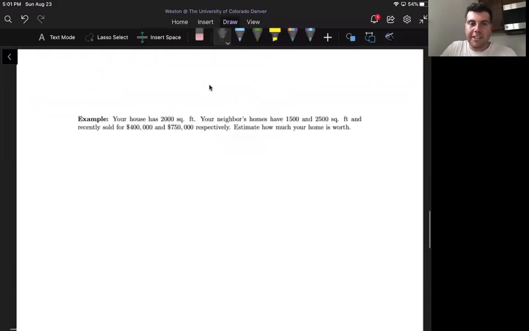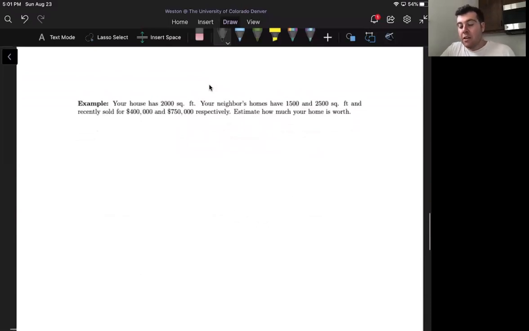Now we'll do an application of midpoints. So midpoints can be good for estimating. As an example, suppose you have a house that's 2,000 square feet, and you want to figure out how much your house is worth. Square footage, particularly in someone's neighborhood, is a good indicator of how much a home is worth. Let's say you have two neighbors who both sold their homes recently.